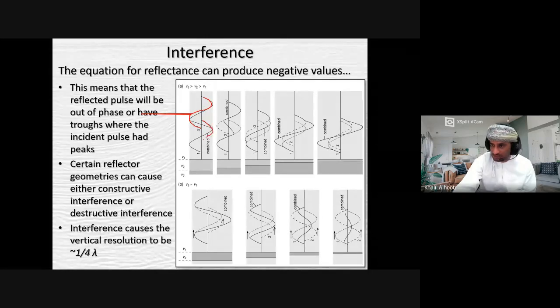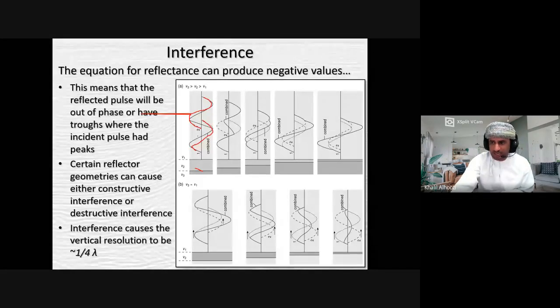One is coming, and this one is moving, or even they are moving together. So this is reflected from the first layer interface, whereas 2 is reflected from this interface. That's it. You combine them together.